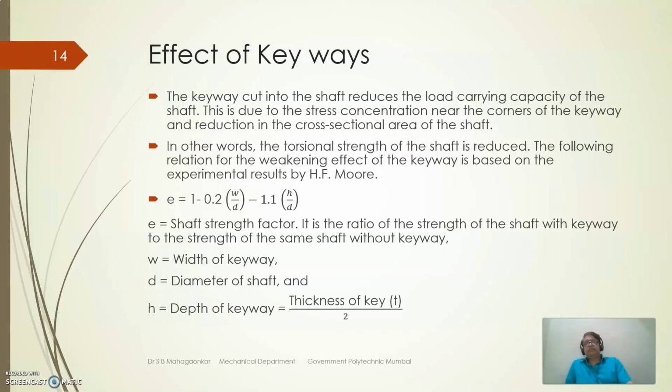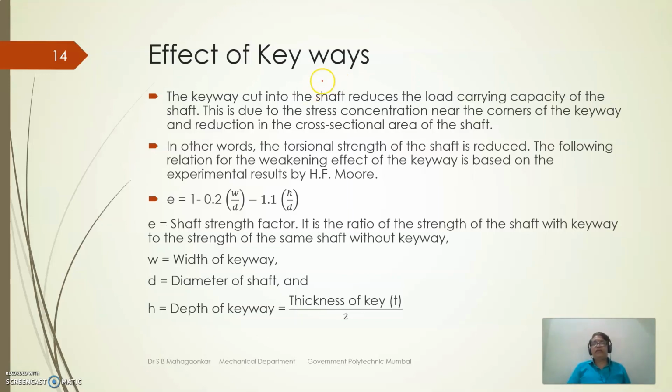Here H is the depth of the keyway, which is nothing but the thickness of the key, T upon 2. If you take H as the height of the key, then you don't get confused. It is the recess we are talking about.